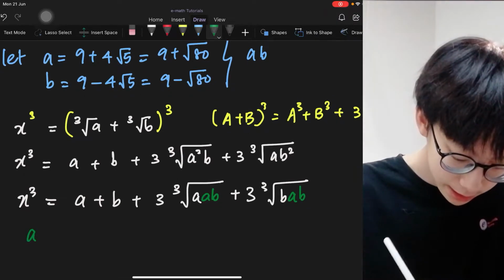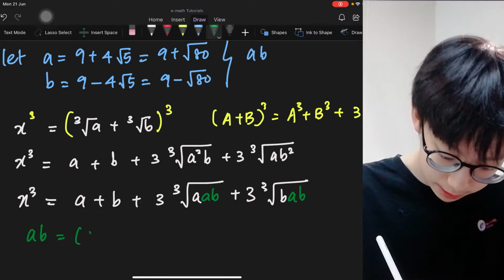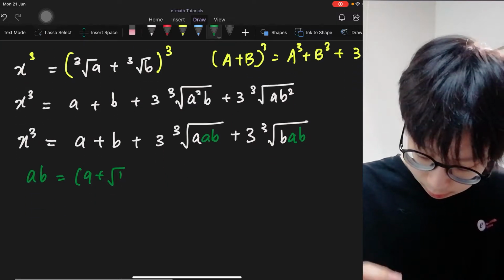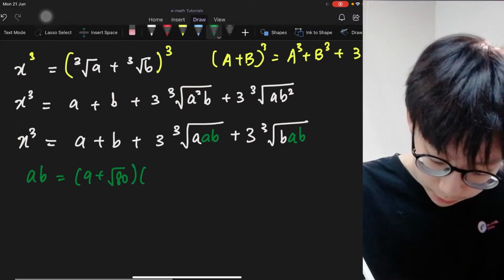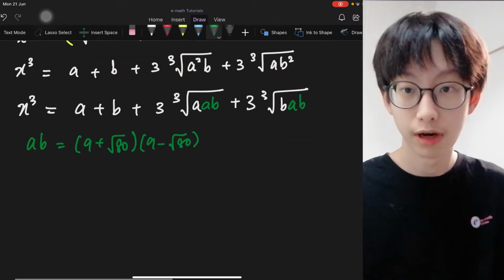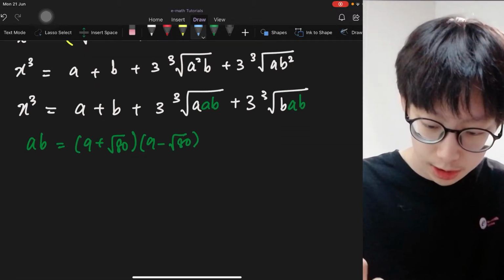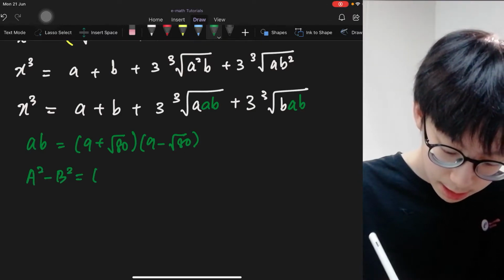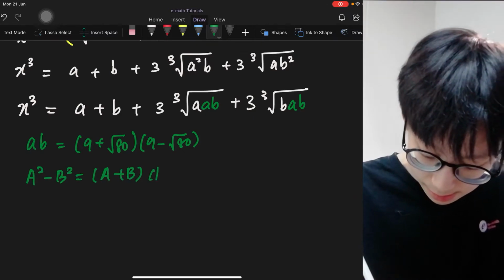You know that a times b is 9 plus square root of 80 times 9 minus square root of 80, and by the difference of squares formula, a squared minus b squared is a plus b times a minus b.